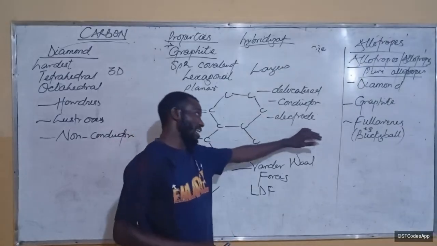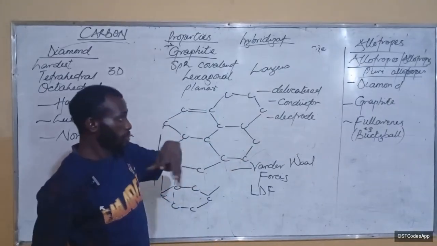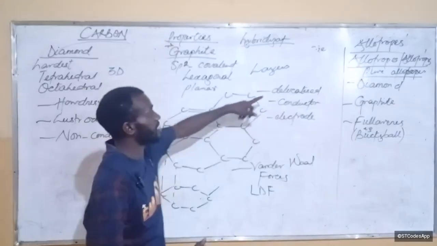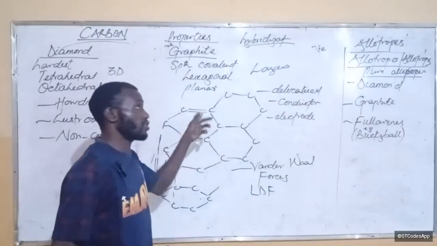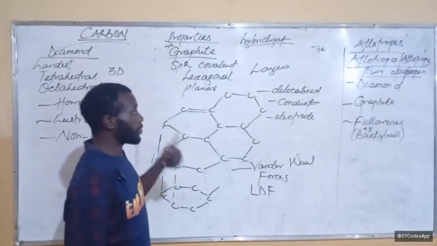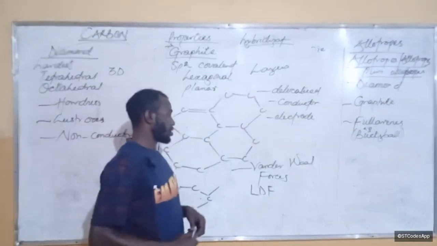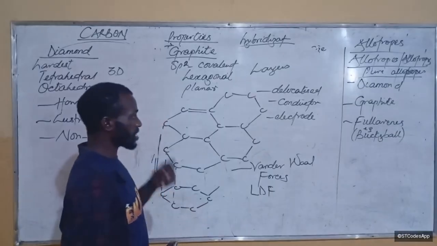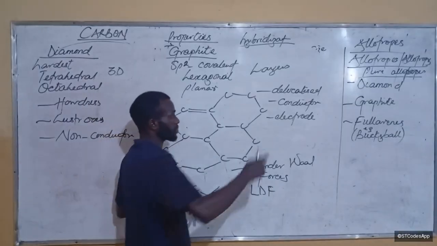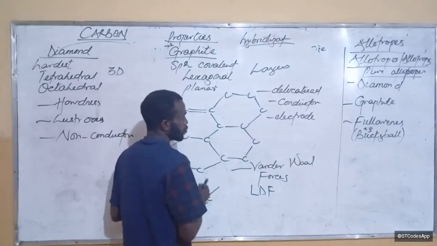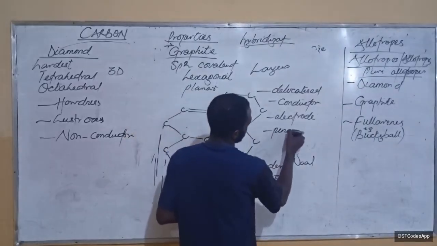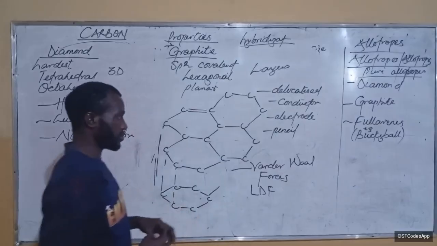So I said it's used as an electrode because it can conduct electricity, since it has delocalized electrons from the presence of double bonds, the pi bond, which I said is weak, right? All right. So the delocalized electrons can conduct electricity. It's used as an electrode. It's also used in pencil, right? We use it in pencil.